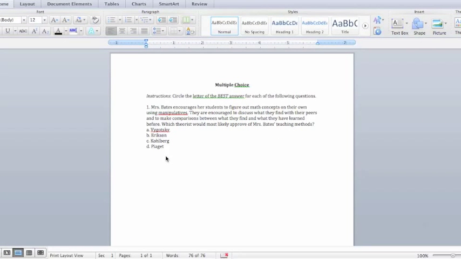Okay, so now let's take a look at another type of question within this multiple choice genre, if you will. And you've seen a lot of these over the course of your educational career, so let's take a look. Which of the following strategies is not recommended by modern constructivists?